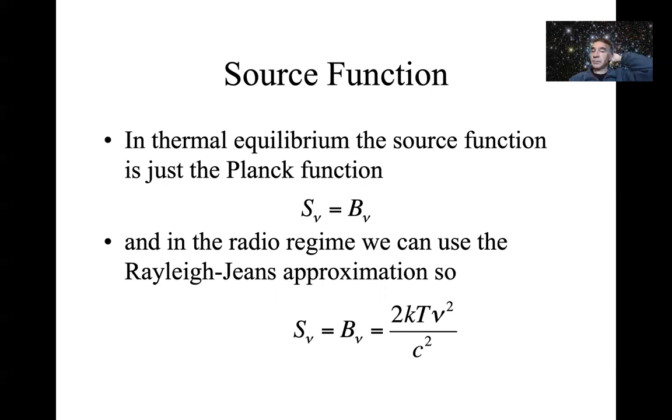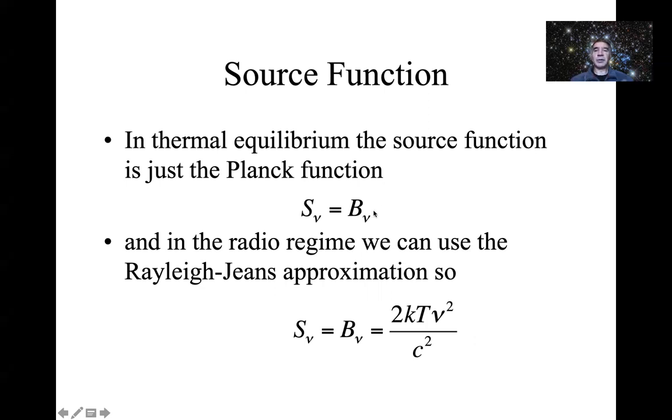If that's the case, we have this special case where the source function is actually given by the black body Planck function, which I'm calling B nu here. Remember, the Planck function is the special case where you have a perfect absorber or a perfect emitter, and that comes from the black body assumption. A star is a pretty good example of this.